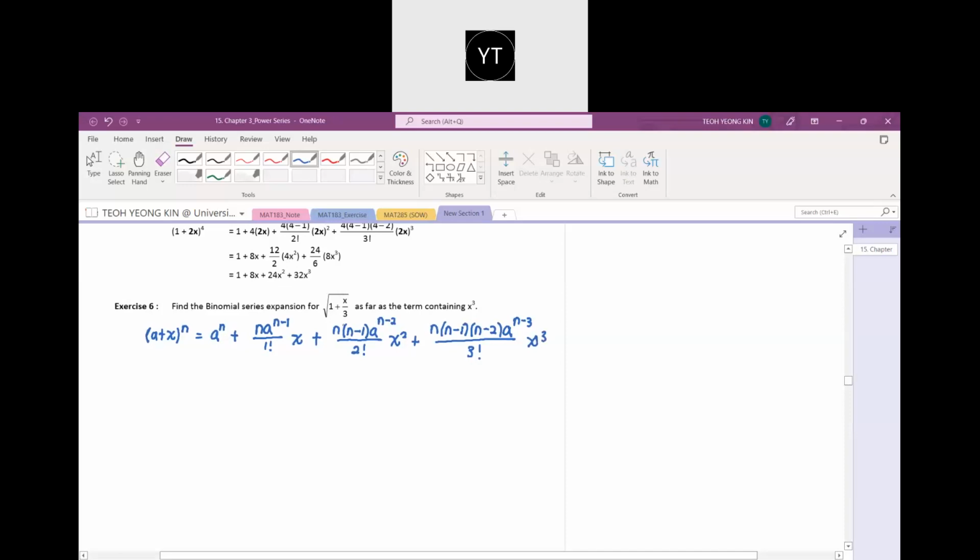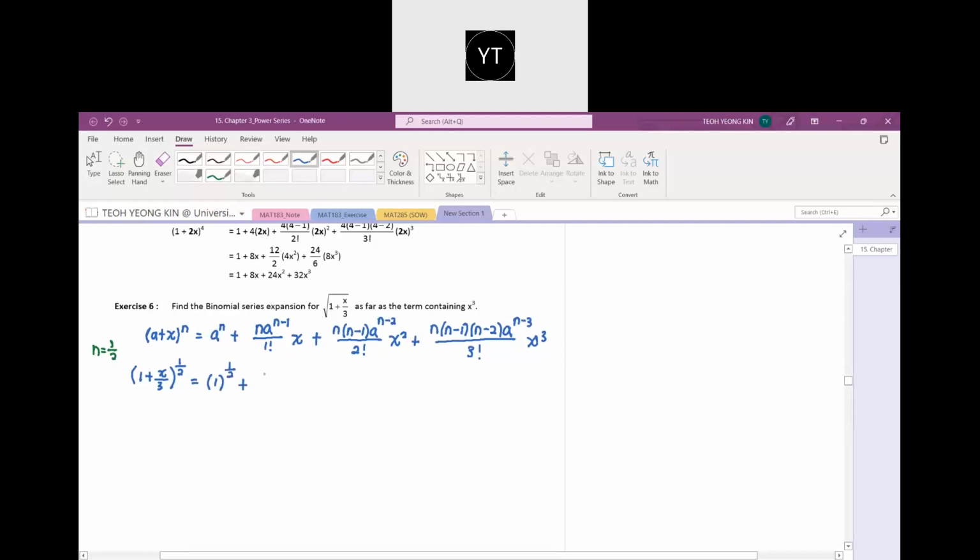Based on this, here is our function, which is the square root of 1 plus x, which means power of 1 over 2. So in this case, our n is 1 over 2 and our a is 1.